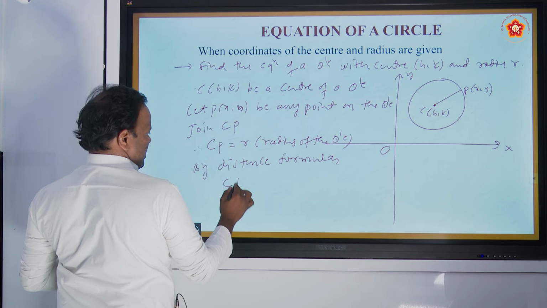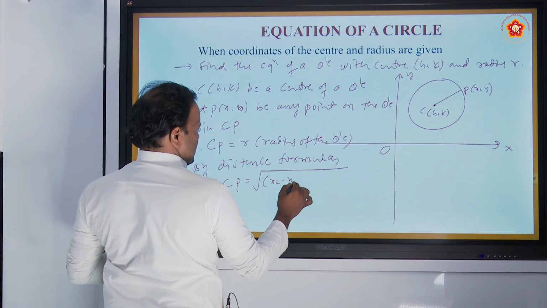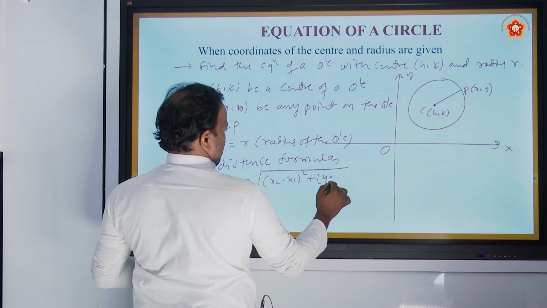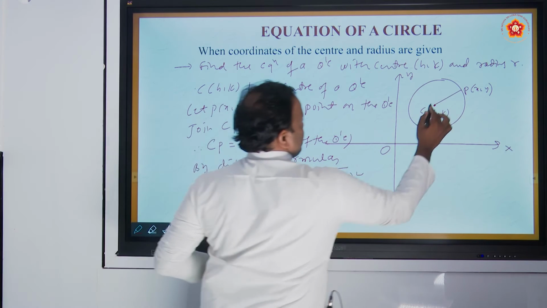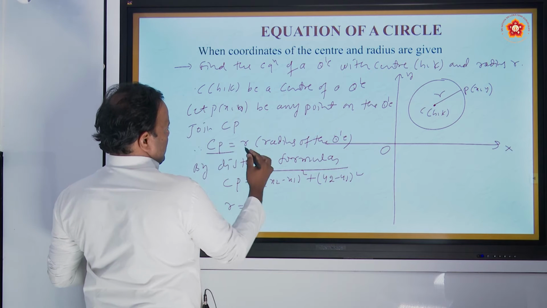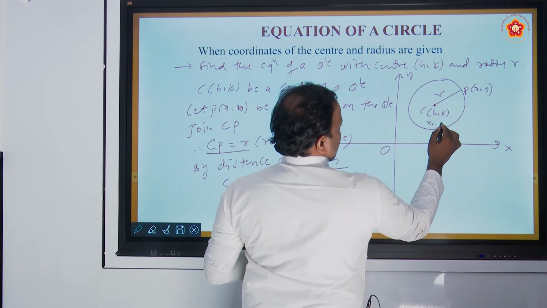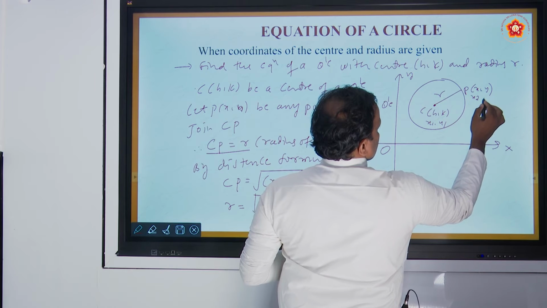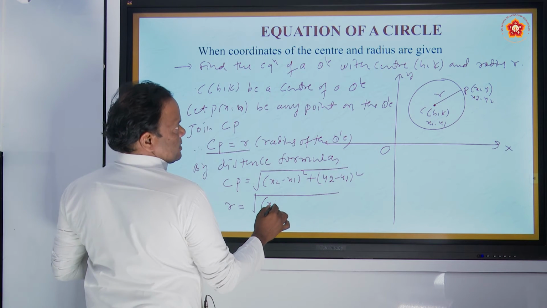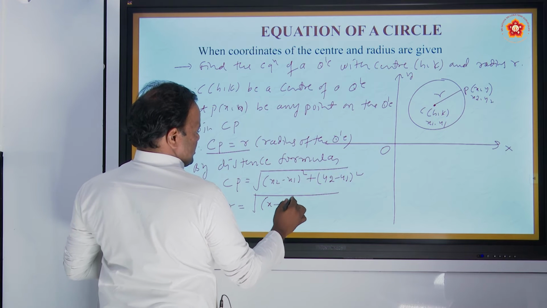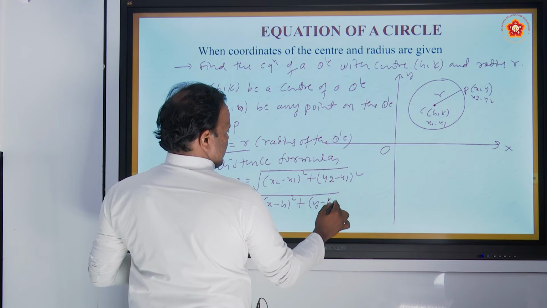By distance formula, CP is equal to square root of x2 minus x1 whole square plus y2 minus y1 whole square. CP is nothing but r. See the figure, radius here. Square root of this, x1 y1, x2 y2, distance formula. x2 minus x1, x2 is nothing but x, x1 is nothing but h, whole square, plus y2 is nothing but y, y1 is nothing but k, whole square.